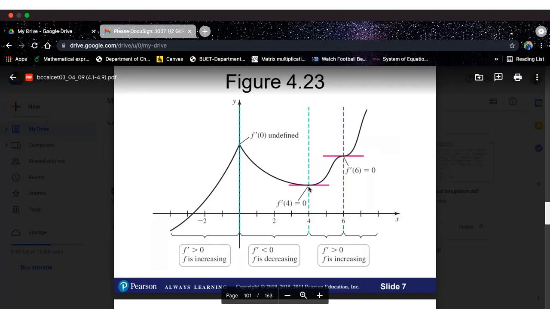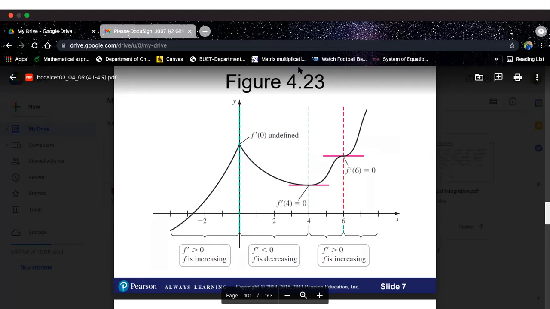If I say we have a local minimum here, do you agree with that? And at the minimum point, definitely the derivative is going to be 0, right? Obviously, if the case is like this, if it's not the end point. So at 4, our derivative is 0.